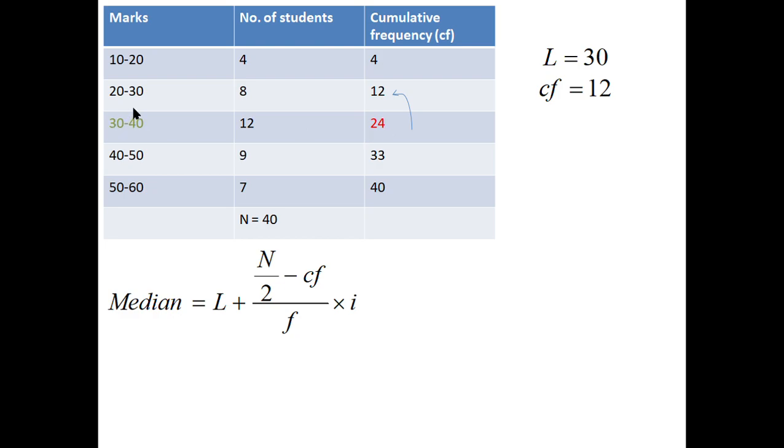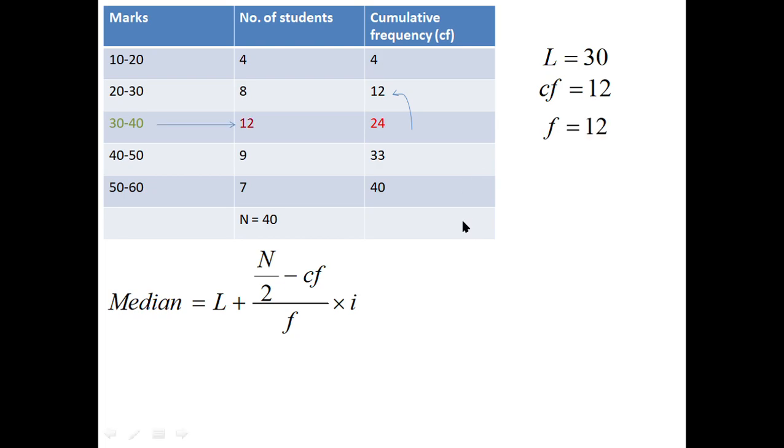We first see the CF of the median class, which is 24, and the CF just above it, the preceding CF, is 12. So the required CF is 12.